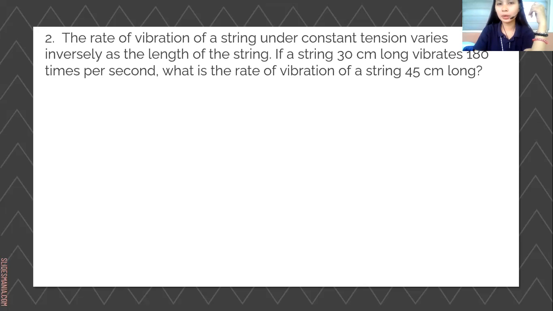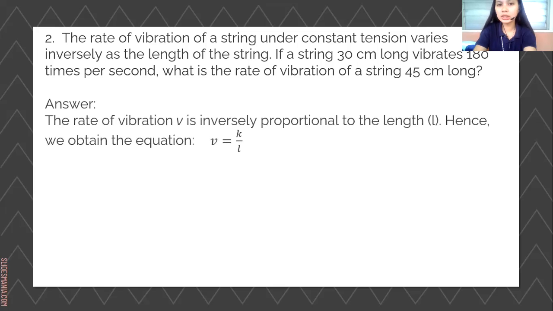So, the rate of vibration of a string under constant tension varies inversely as the length of the string. So let's translate first. If a string 30 centimeters long vibrates 180 times per second, what is the rate of vibration of a string 45 centimeters long po?